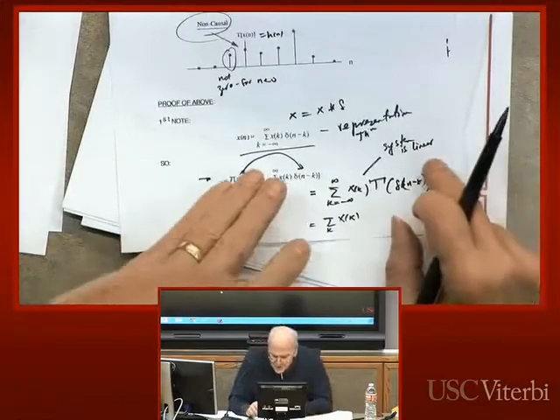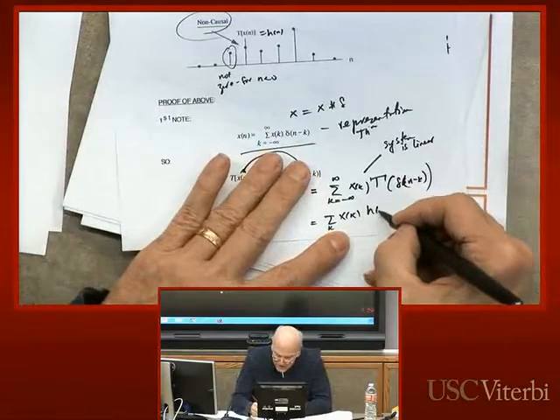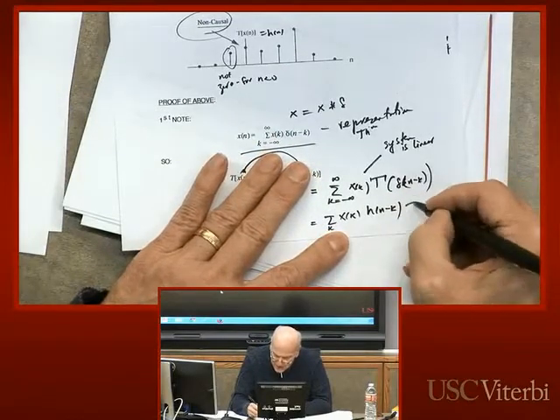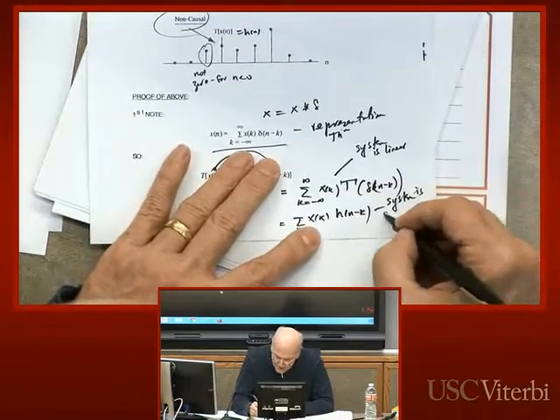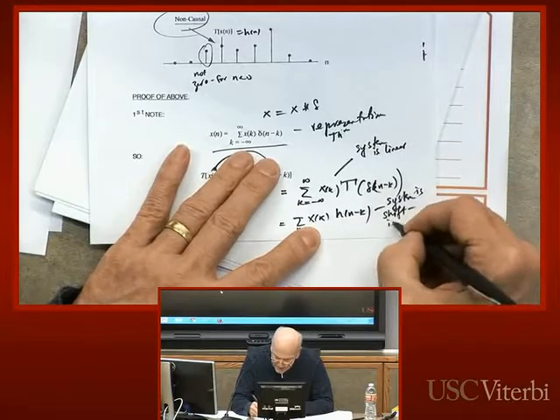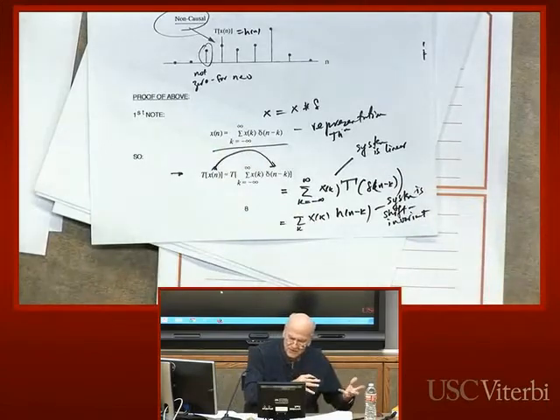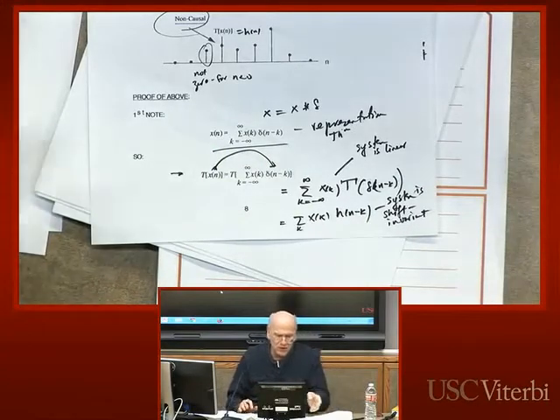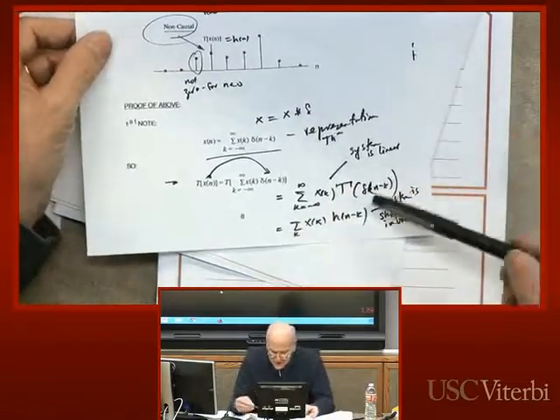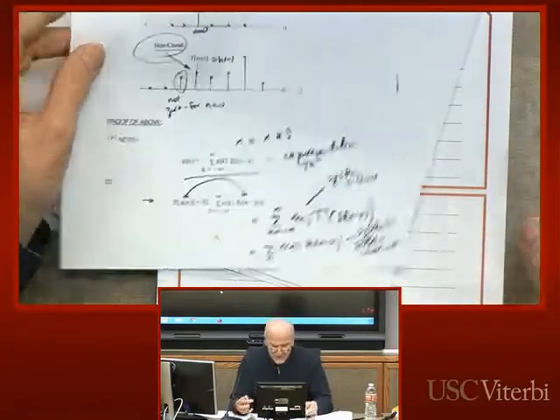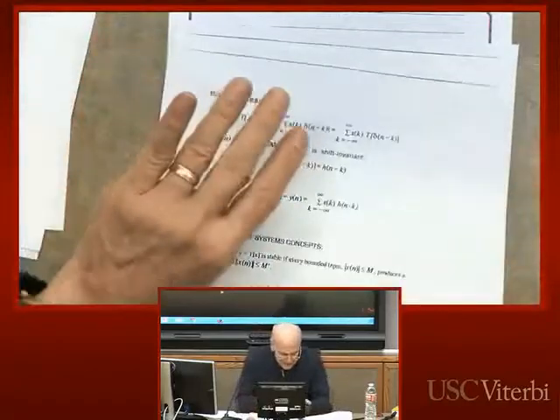But because the system is shift invariant, T of delta of n minus k is the same as h of n minus k. So there you have it. That's why I'm saying linearity plus shift invariance is a very, very important property. It allows you to determine the output for any input just in terms of the impulse response. So there it is, QED. Like I said, I repeat this on the next page.